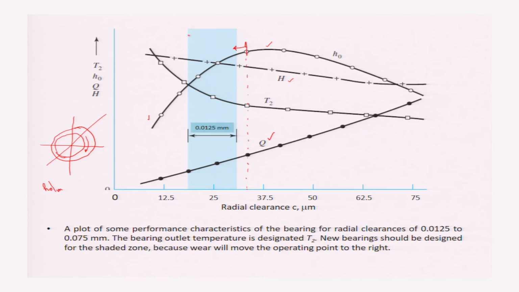That range is shown by this colored area. In this colored zone, if you have selected your clearance C, then with the increase in clearance due to any reason, maybe wear, the H0 will increase, but it will not decrease.